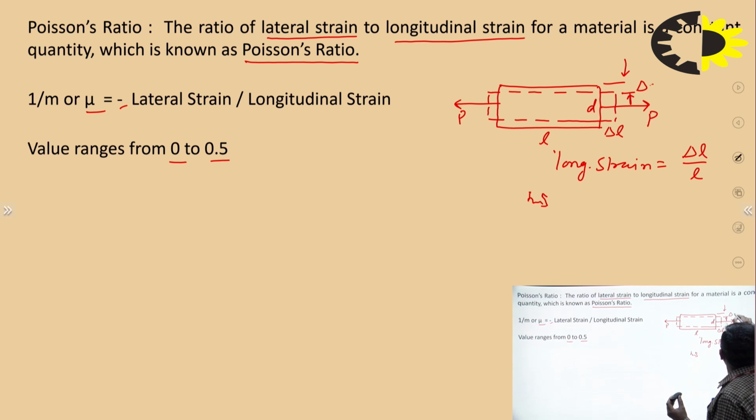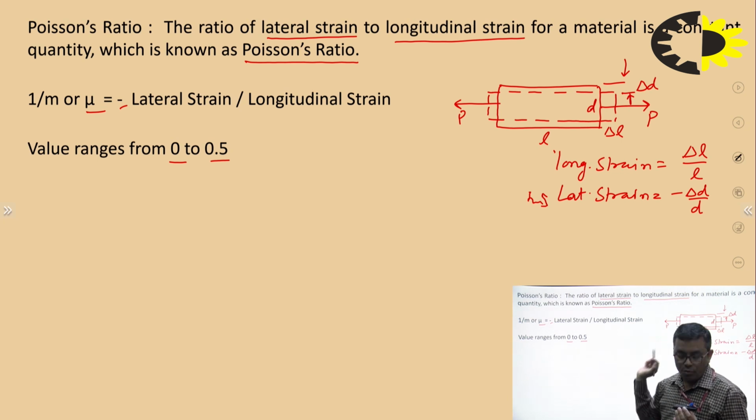If I say that decrease is delta D, so lateral strain will be minus delta D upon D, and the ratio of these two quantities, lateral strain to longitudinal strain within the elastic limit, is a constant which is known as Poisson's ratio.